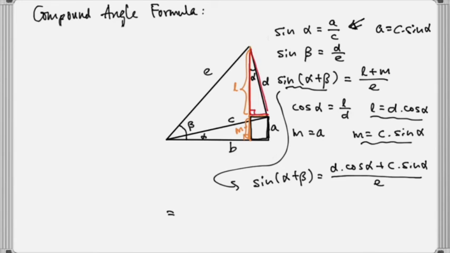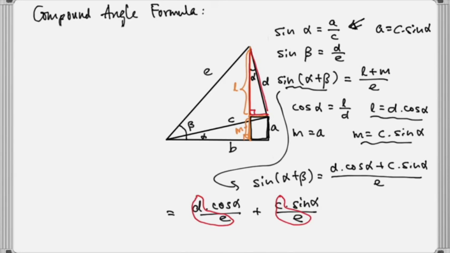The first part is going to be D times cosine alpha over E, and the second fraction is C times sine of alpha over E. Okay, and then I can separate out this part, right? D divided by E as well as C divided by E.